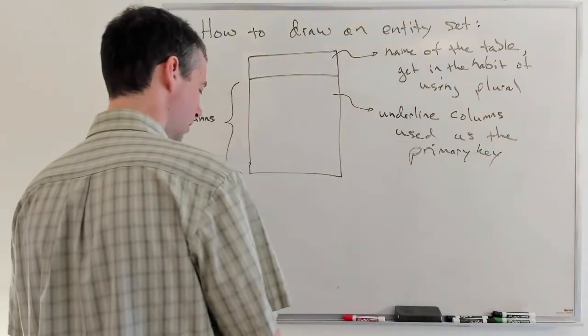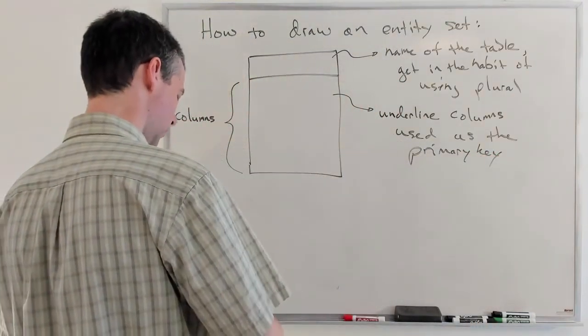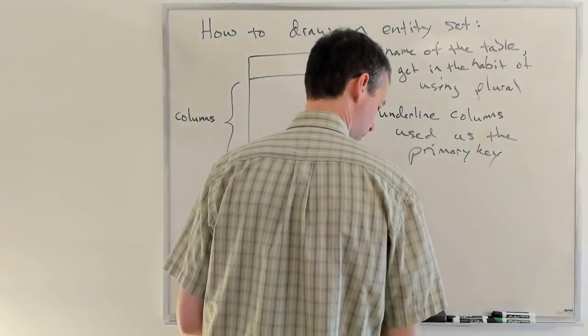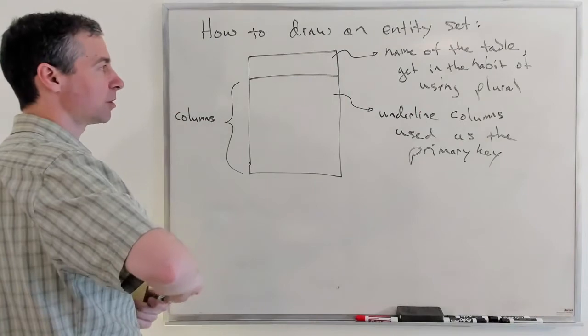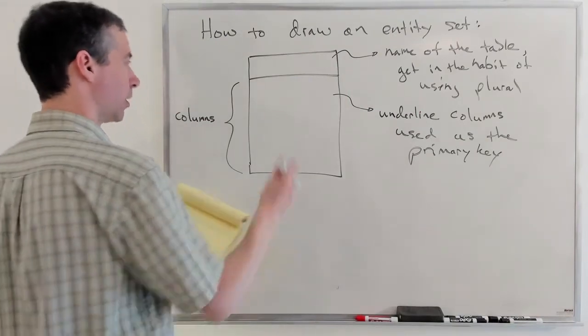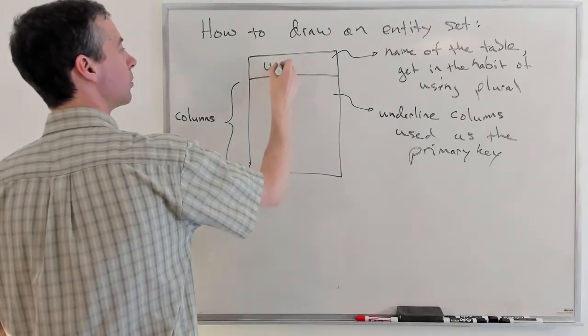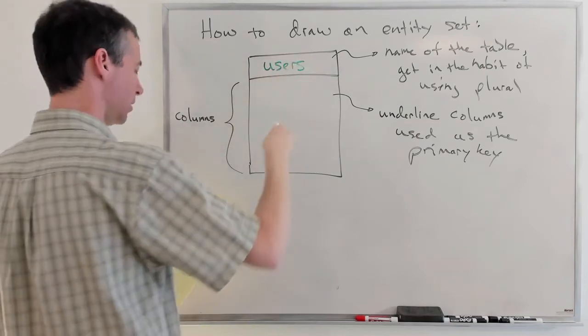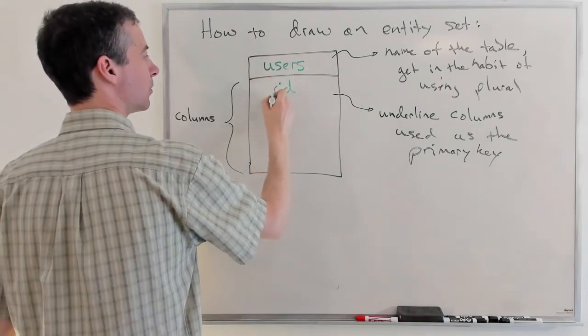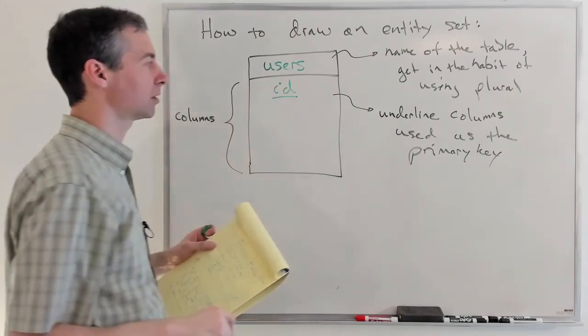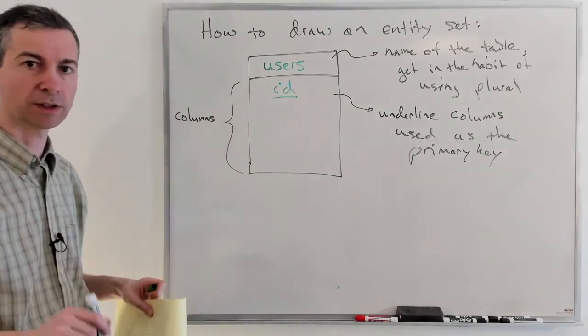All right, so if I was to fill this in example-wise, see if my green pen works today. So I might put users in here. They'll have an ID that I'm going to give them, which is the primary key.